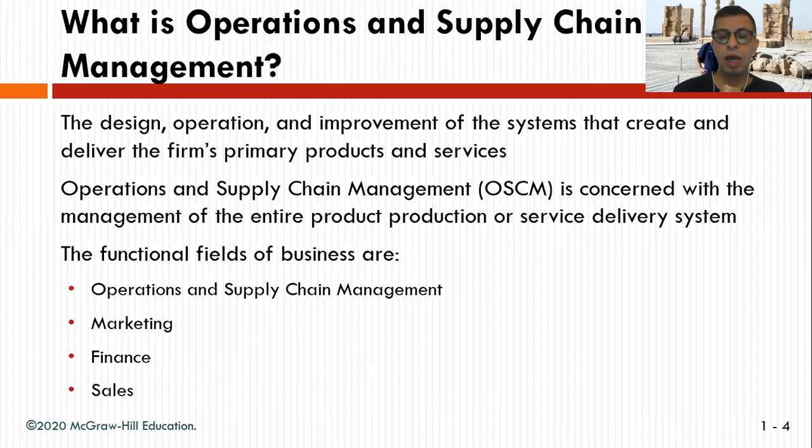As we said earlier, there are four fields, and most of us are aware of marketing, sales, and finance. The rest belongs to operation and supply chain management. So the land of job opportunity is huge if you specialize in operation or supply chain management.